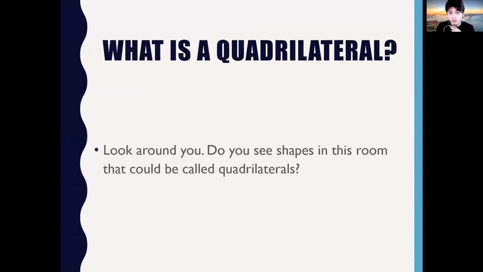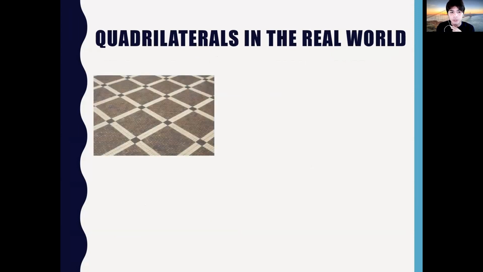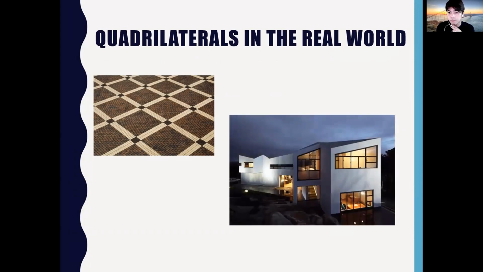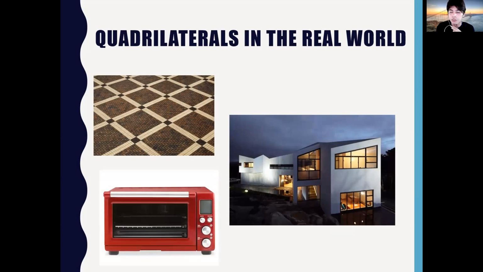Now look around you. Do you see any shape in your group that could be called quadrilaterals? Yes. For example, you have the floor in your house. That is an example of a quadrilateral. The front face of your house is called a quadrilateral, and even the front face of your oven or your refrigerator or your television.